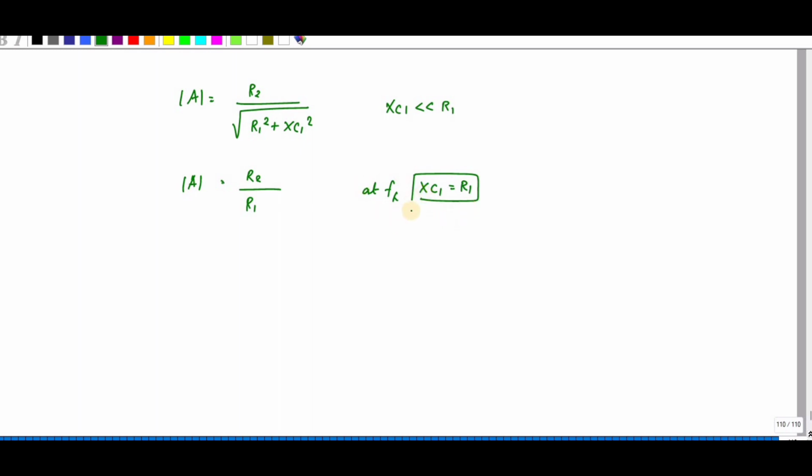So you will get a 3 dB value, right? Why? Because at this frequency you will get A is equal to 1 divided by root 2. And if I take 20 log of A, you will get minus 3 dB. Okay, minus 3 is the answer.